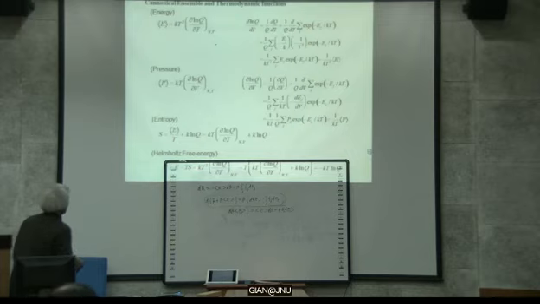E is kT squared over this times this derivative, minus T times the entropy expression, right?